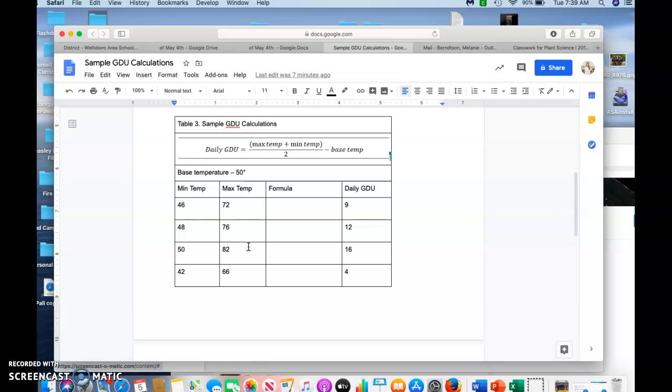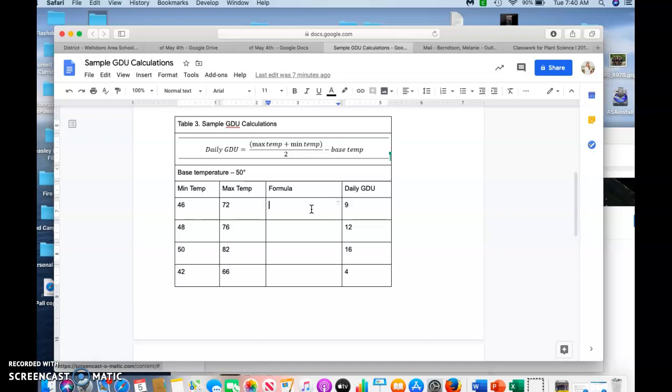To get the average, we take the minimum temperature of the day, add the maximum temperature of the day, and divide by 2. Then we subtract the base temperature, which in this case is 50, and that's how we get our answer. We're going to do the formula for each of these four.